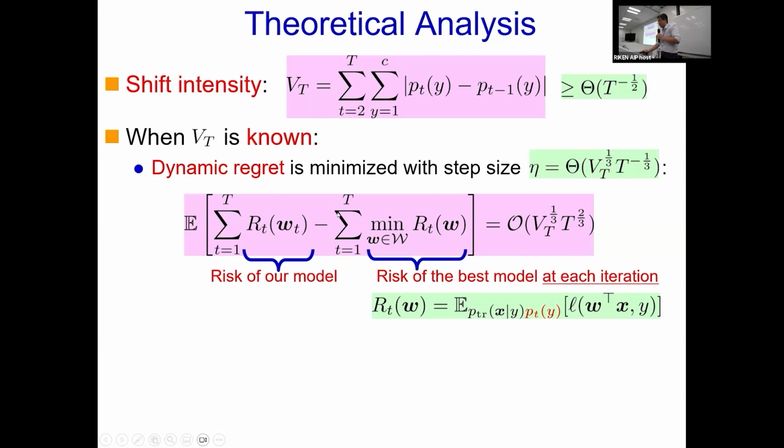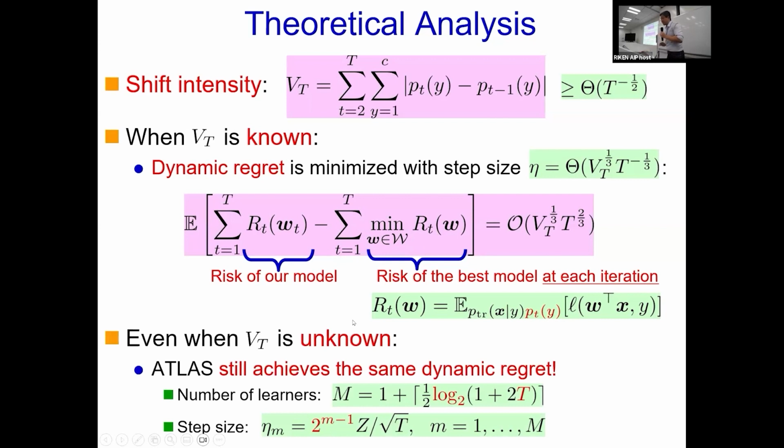By the way, if we consider standard regret analysis, then the min is usually outside the sum. Basically we choose the optimal parameter averaged over all time steps. That's a standard definition. But here our competitor is much better. At each time step, the min is taken. So this is much stronger, but we try to follow this optimal one.